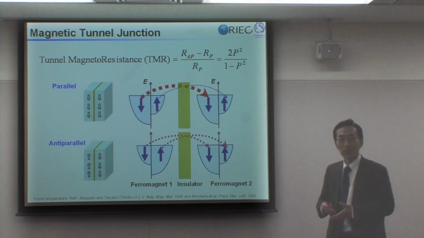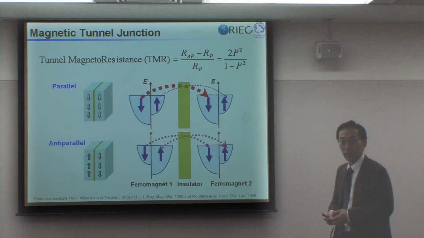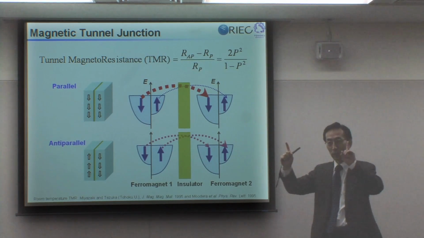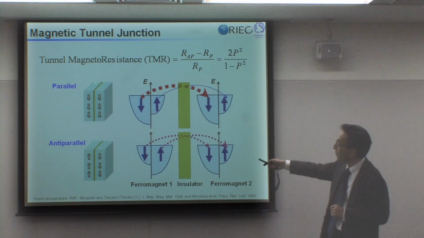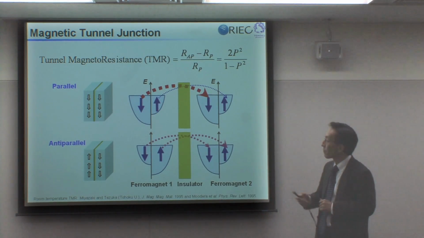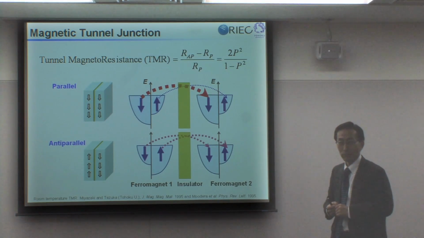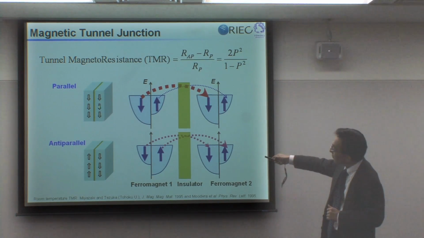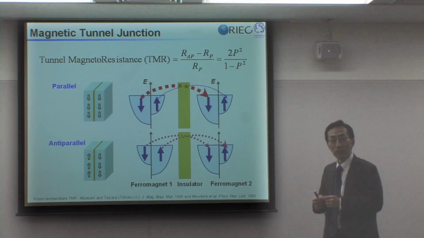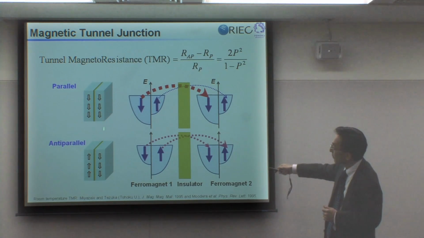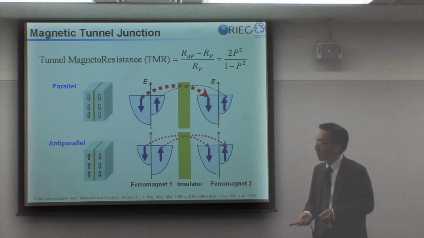So what is magnetic tunnel junction? This is our magnetic tunnel junction. It has two ferromagnetic layers separated by a very thin insulator. And this thin insulator is thin enough so that your electrons can tunnel through. And these two magnets are engineered in such a way that one of them is difficult to change its magnetization direction.